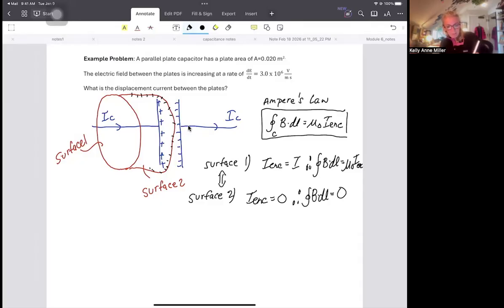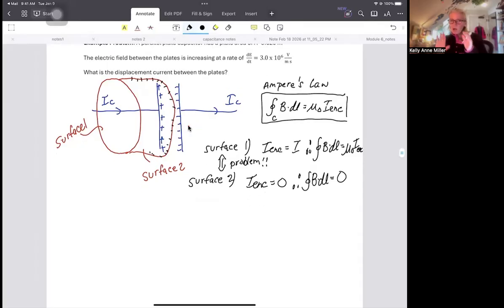And this creates a problem. The fact that these two results don't equal the same thing creates a discontinuity, to use a term from math. We know that between the plates, there's charge building up, and that is creating a changing electric field, which must lead to a changing magnetic field.